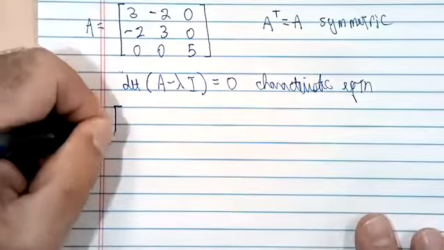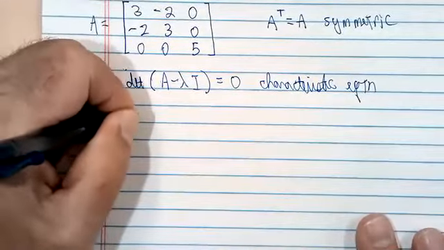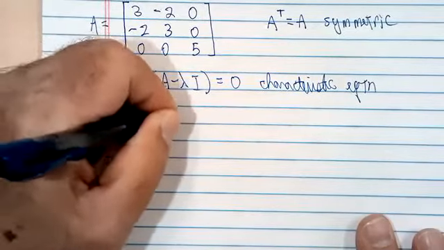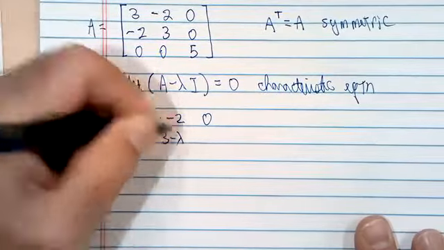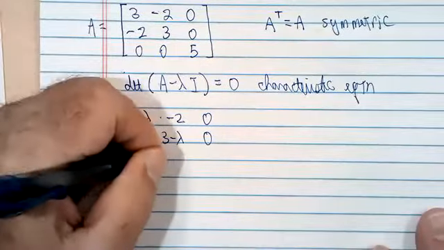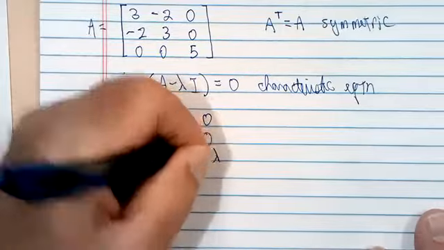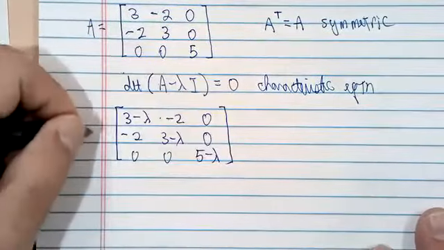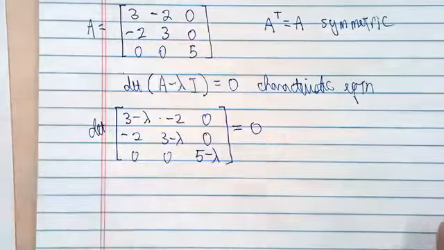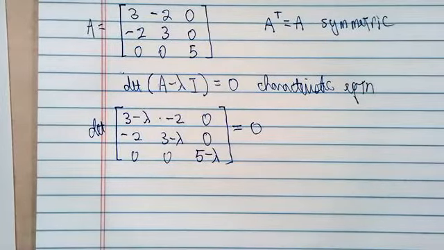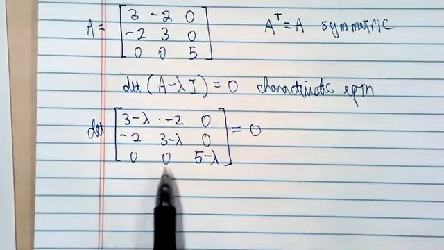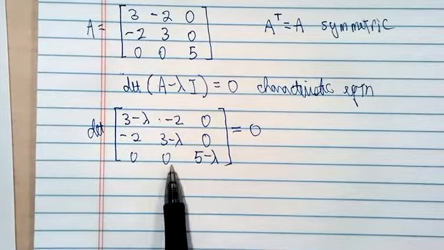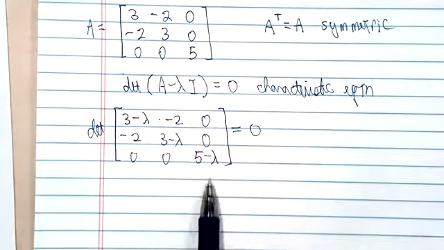So in this case, what I do, in every case actually, is just subtract lambda down the diagonal. And I compute the determinant and set it equal to 0. And I hope that I can do this without too much difficulty. Now, I suggest that we do a cofactor expansion, because if you notice, we've got a row here where 2 out of 3 entries are 0, and the same for this column.